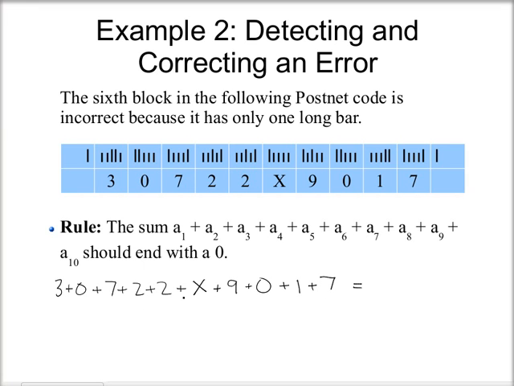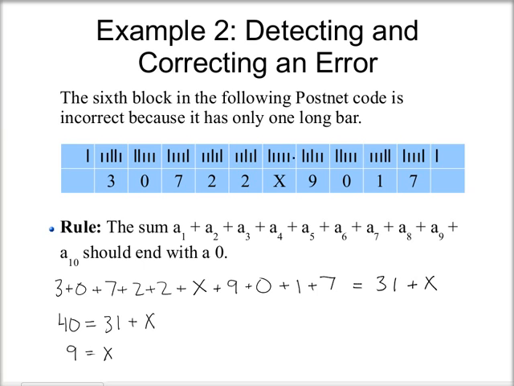And then if I add up everything except for the X, that's going to give me 31. So this is equal to 31 plus X. Now to follow my rule, I want this sum to end with a 0, and the next number ending with 0 is 40. So I'm going to set 40 equal to 31 plus X. And if I subtract 31 from each side, that's going to tell me that X is equal to 9.